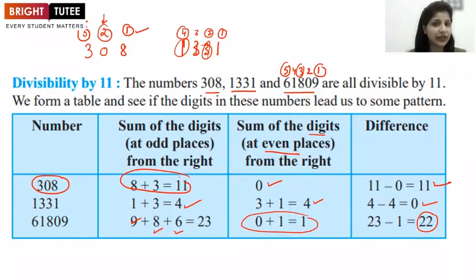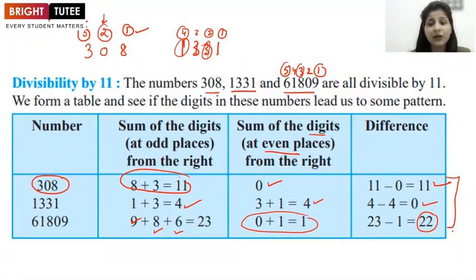That means we have to find the difference of both of the sums. When you find the difference, either it would be 11, or it will be 0, or it will be a multiple of 22. If we get a multiple of 11 itself, or 0, then we say the number is divisible by 11, otherwise the number is not divisible by 11.